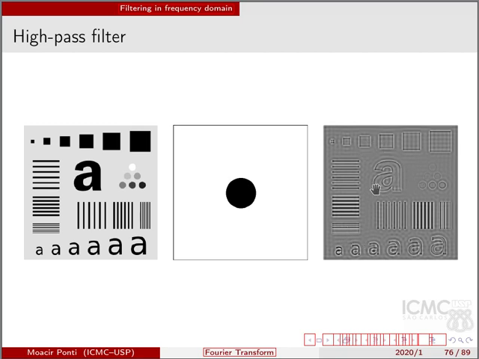Note that it remains just the transitions. Everything related to higher frequencies is abrupt transitions. So I'm going to keep abrupt transitions especially, and I'm going to lose the meaning, for example, of flat regions of color. Everything is lost because we removed the central part.